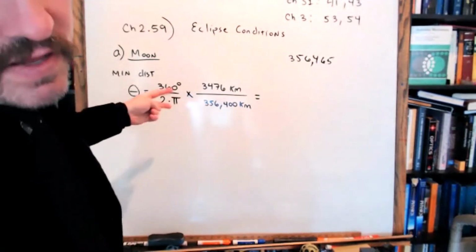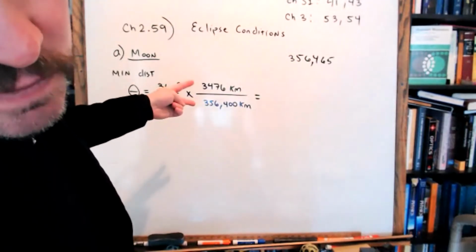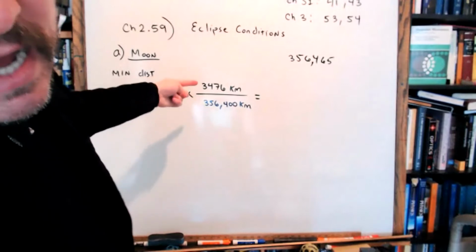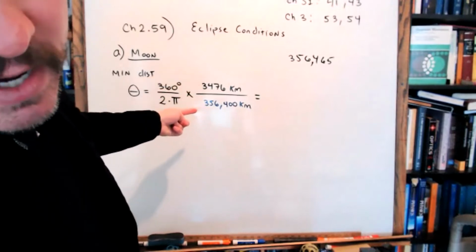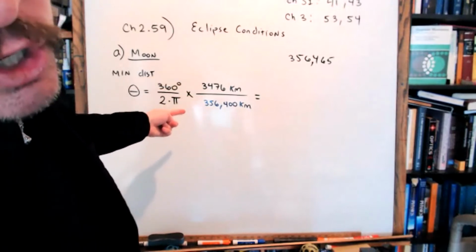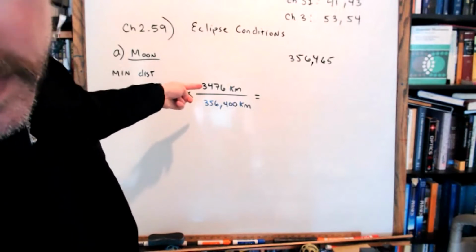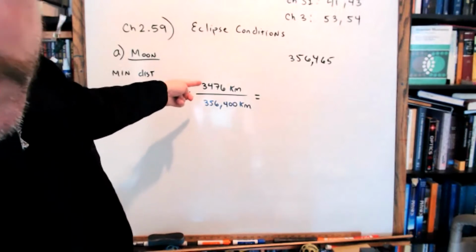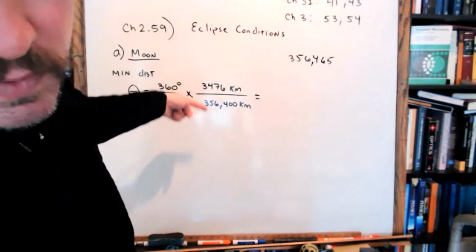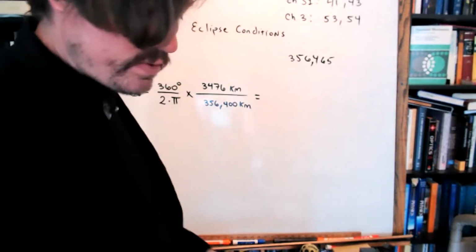Now, in a situation where you have mismatched precision, let's say the top number had 4 and the bottom number had 6, you would go with the least precise number. So you would still reduce to 4.